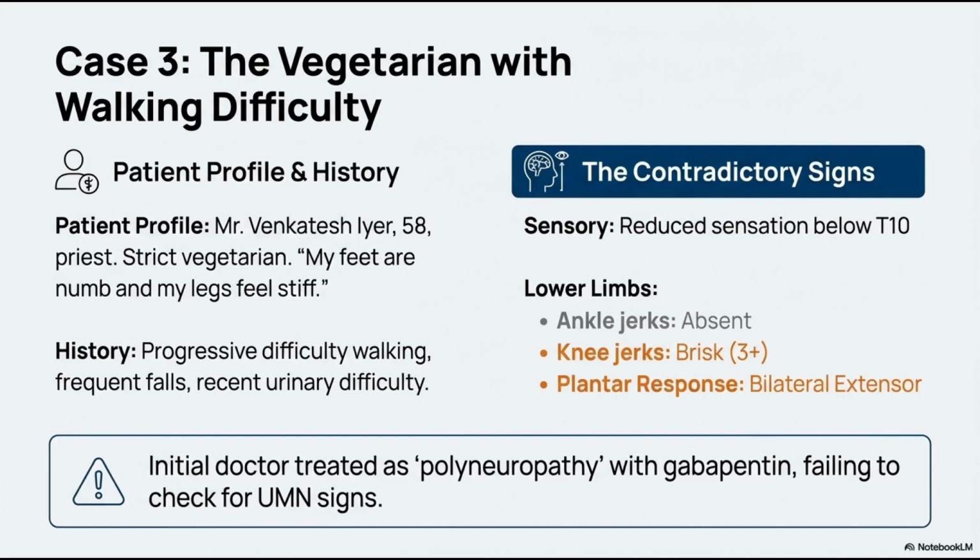Initially, the doctor treated it as polyneuropathy with gabapentin, failing to check for UMN signs. So UMN signs were missed initially and it was treated as polyneuropathy with gabapentin. And now the patient has come with hyperreflexia and he's telling of difficulty walking, there is some motor involvement.